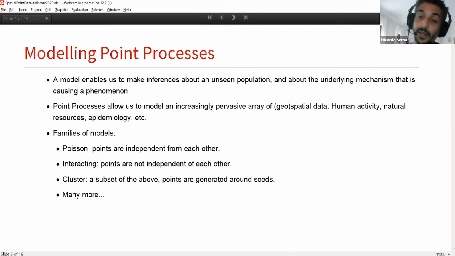And we also have a different type of non-independent process called cluster processes. Technically they are a subset of interacting processes, but not necessarily pairwise. In these processes, points are generated around seeds that then generate a cluster. I'm going to talk about all three families, giving examples with data and trying to show some toy applications.